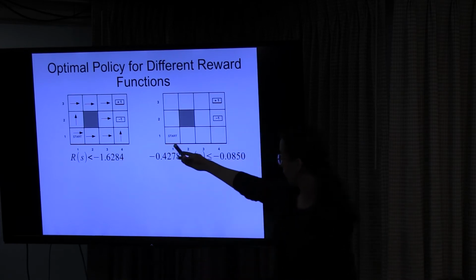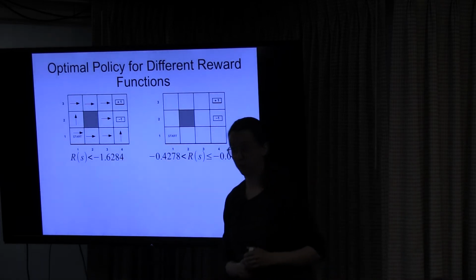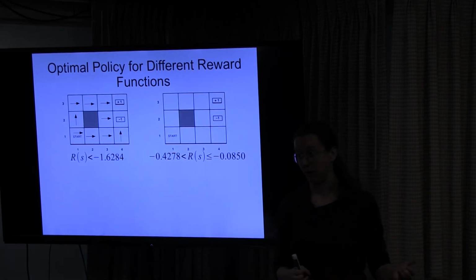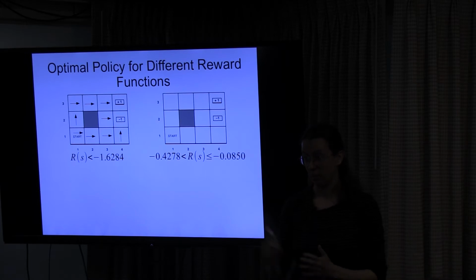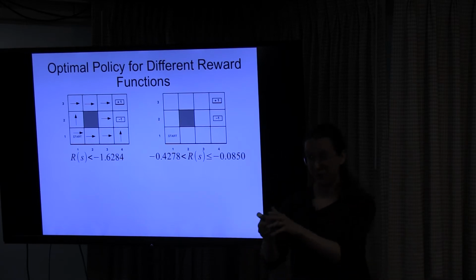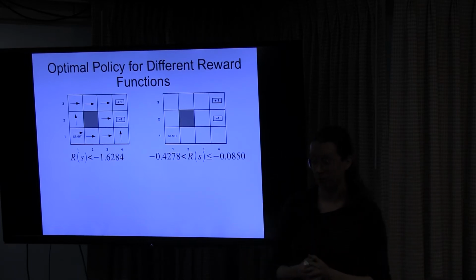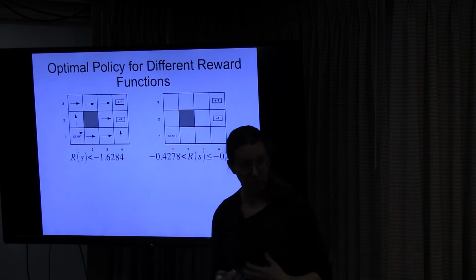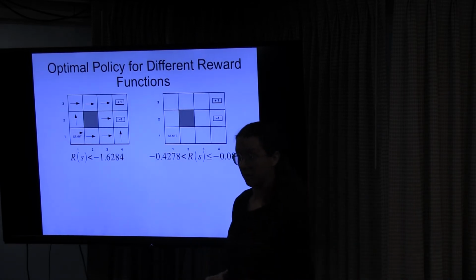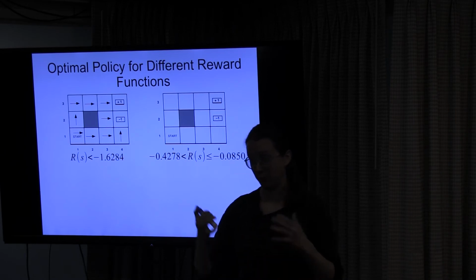So in some worlds, it's better to go to -1 as fast as you can. In other worlds, it's not, without actually getting into the nuts and bolts of how we get these policies. What we're going to do after this is compute our expected value of being in each state in an iterative way. And that's what value iteration is.